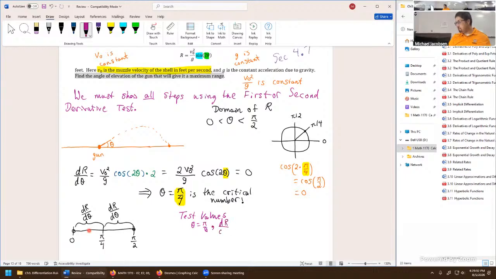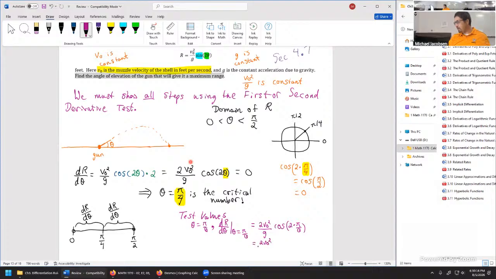Then dr d theta, evaluated when theta is pi over 6, would be equal to, we're plugging pi over 6 here, so this is 2 v naught squared over g, cosine of 2 times pi over 6, which would give us cosine pi over 3.